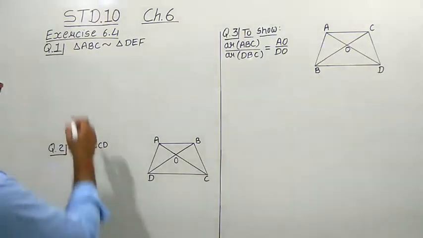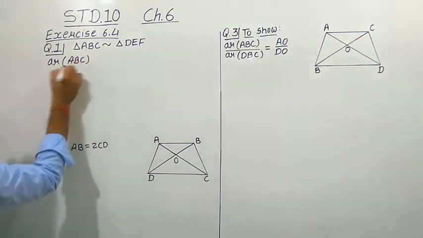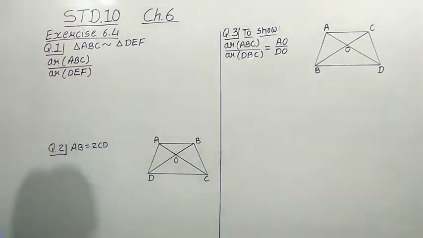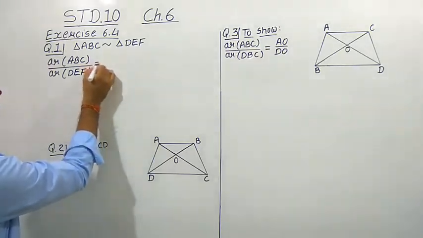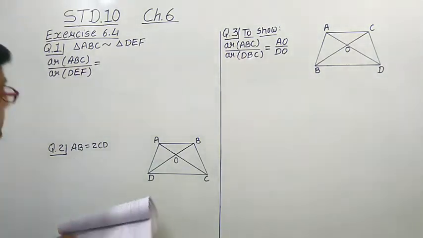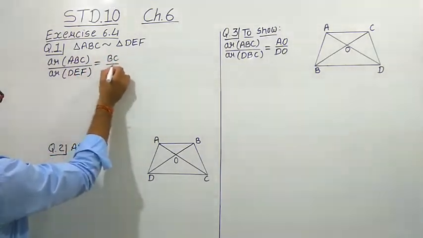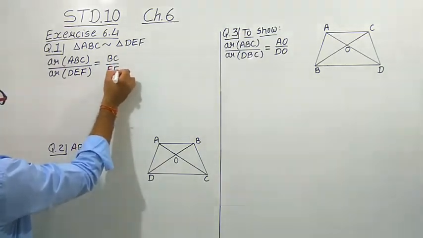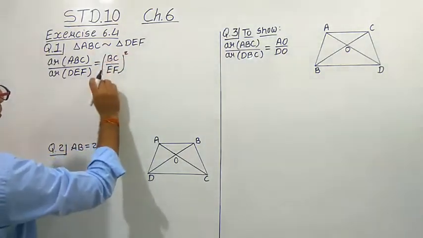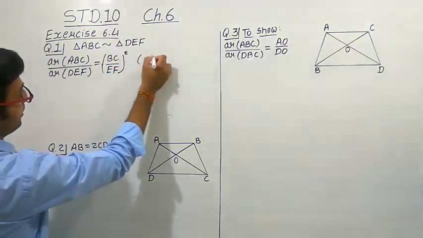That is, we can write area of ABC upon area of DEF, the ratio of the two similar triangles, is equal to, taking the side BC of triangle ABC, we have to take the side EF, and the square of the ratio of these two sides.